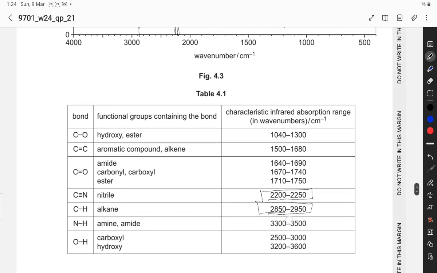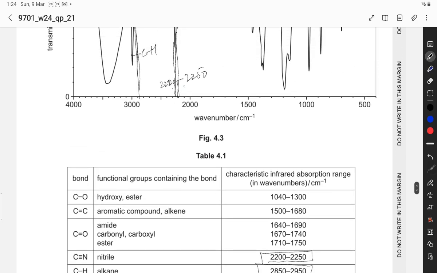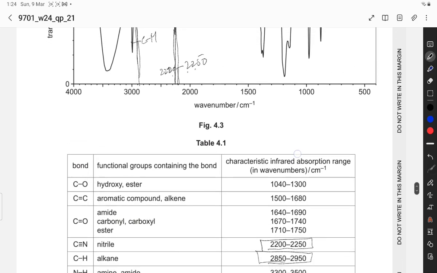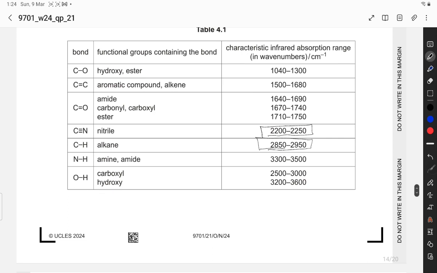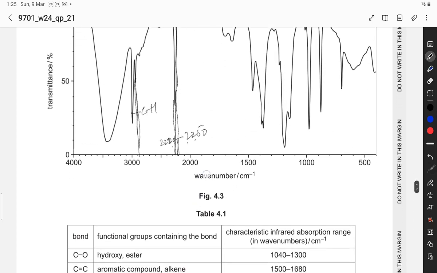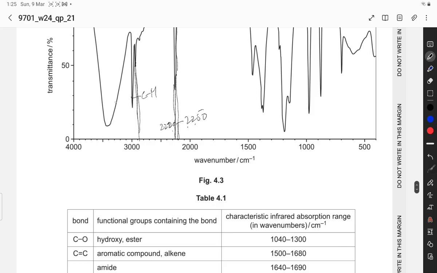And 2200 to 2250 is the CN bond. And the hydroxyl bond is 3200 to 3600. So this is the hydroxyl bond.